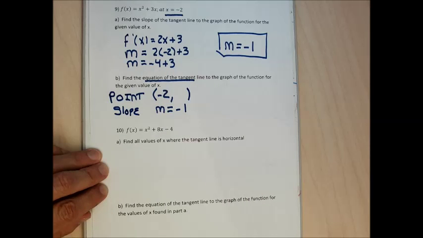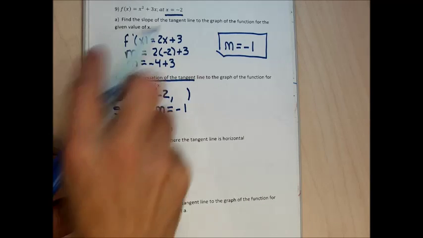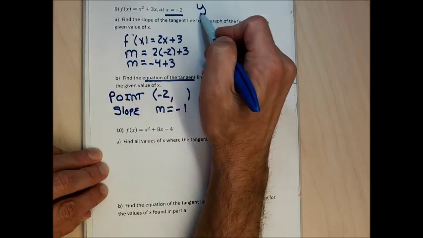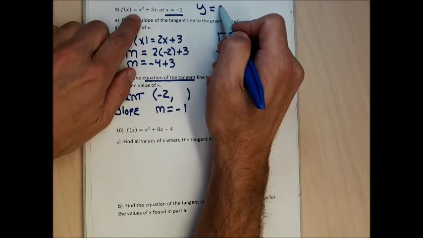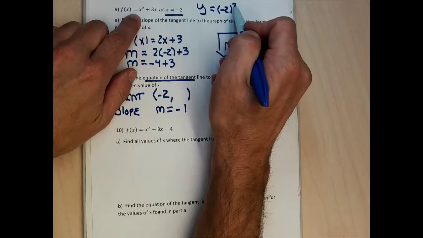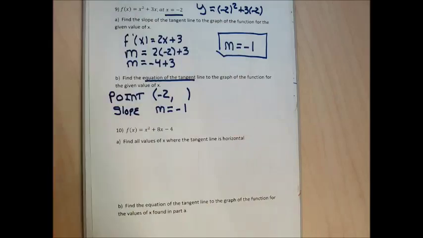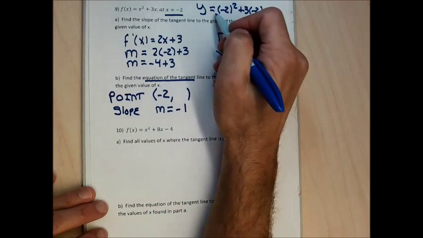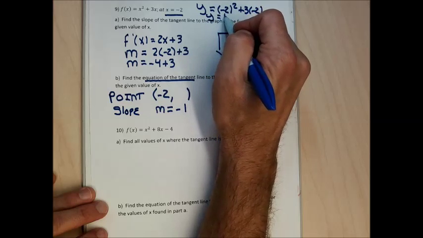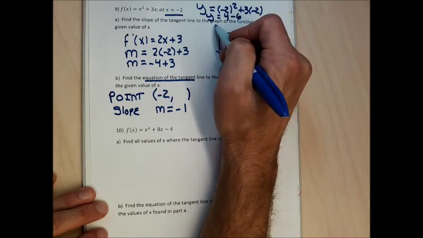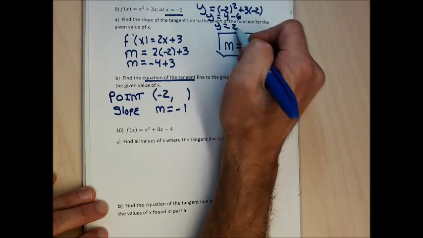Y-coordinates of points are gotten by plugging x's into the original function. So my y, I'm going to get by plugging negative 2 in for that x, and negative 2 in for that x. The y-coordinate of the point is going to be negative 2 squared plus 3 times negative 2. That's going to give me y is 4 minus 6. That's going to give me y equals negative 2.